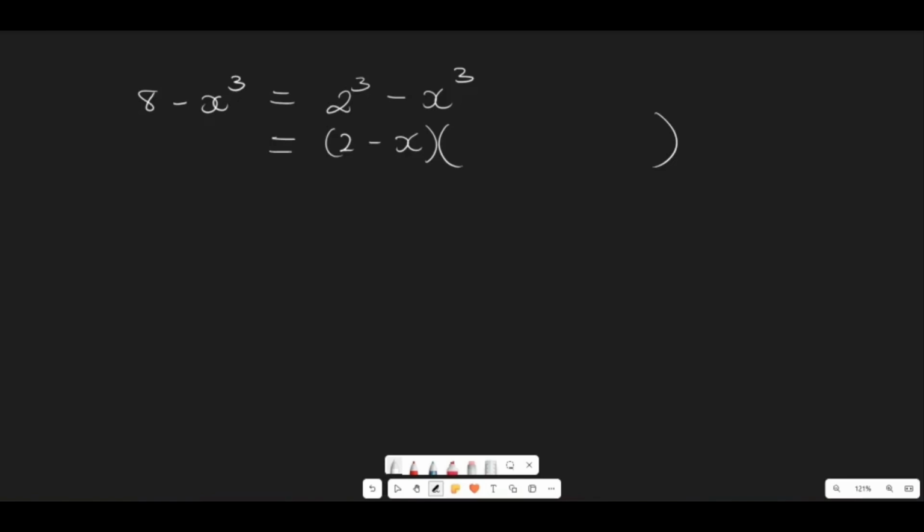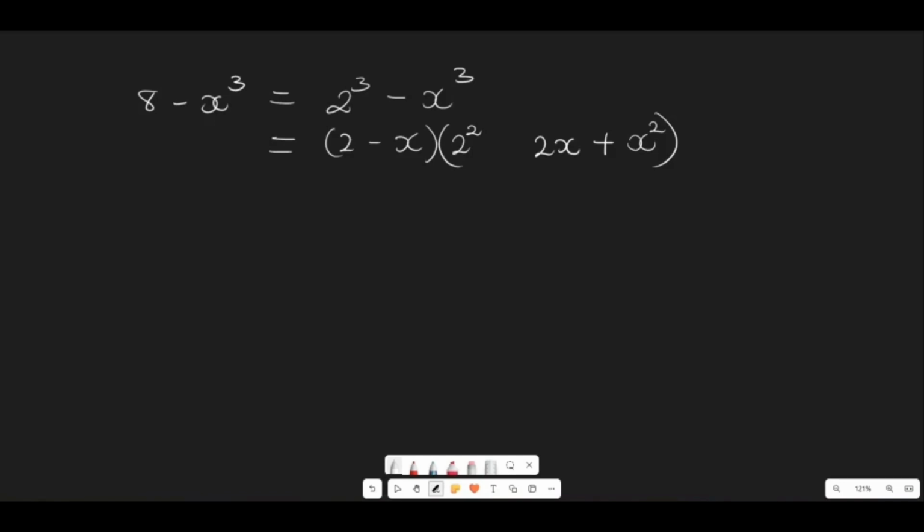And then on the second one, we're going to put 2 squared, and then we go to the last space on the last bracket, and we're going to put x squared. And since it's always positive, we're going to put positive there. And then we're going to multiply the terms on the first bracket, which is going to be 2x.